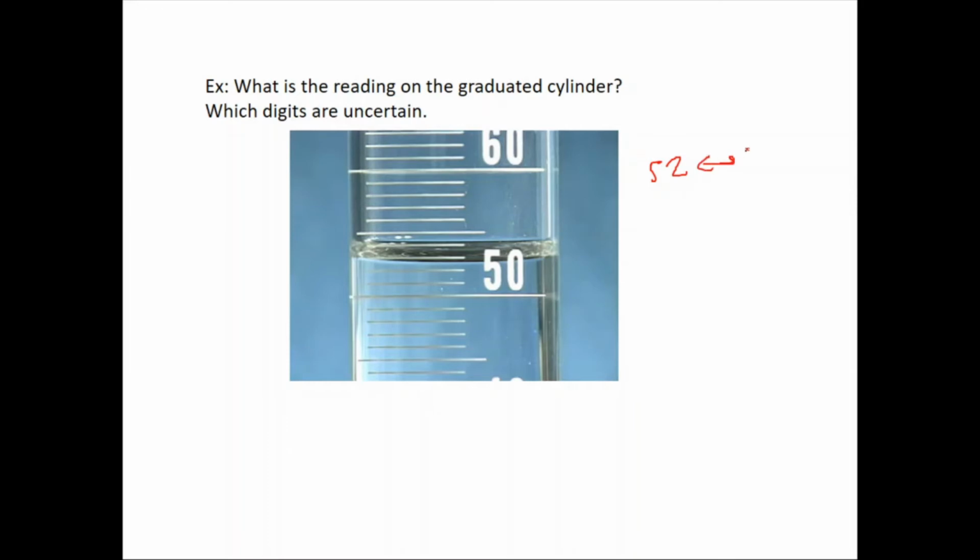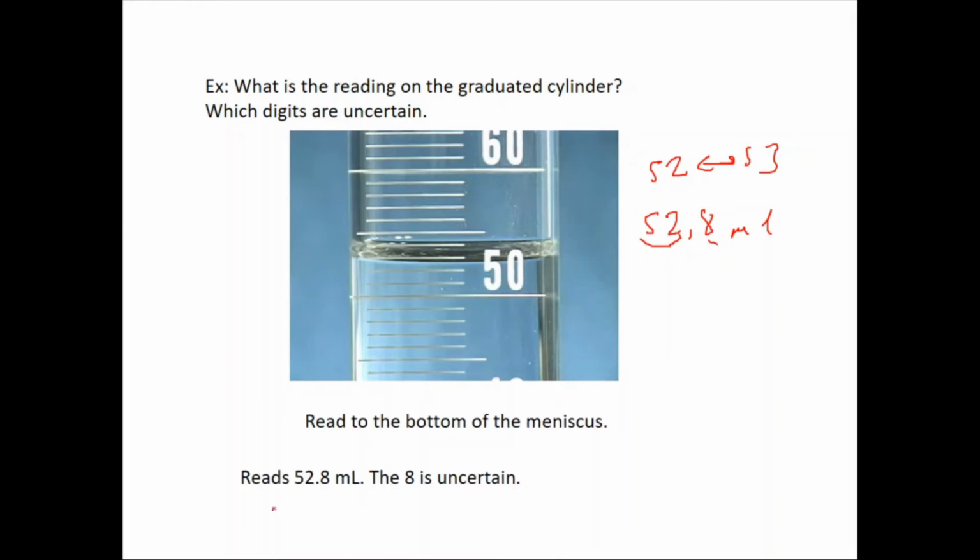As it is close to 53, we exactly know that the two digits are certain. It will be 52 point, for example, 8 milliliters. So here we have three significant figures. Two of them are certain, and one of them is uncertain. Okay, so here our measurement is going to be 52.8 milliliter.